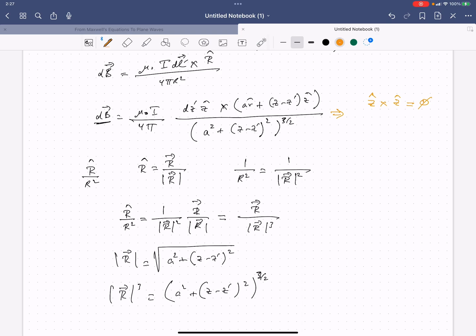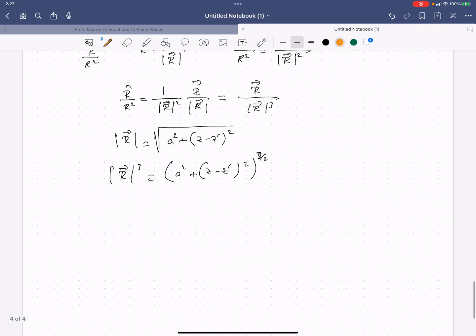Since we're in cylindrical coordinates, you have z hat, r hat, and phi hat. So the cross product of z hat with r hat is going to give you something in the direction of phi hat. So we're going to be in the direction of phi. That's where this dB is going to be.